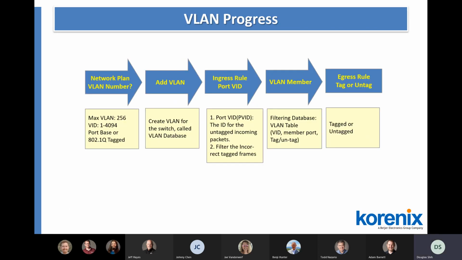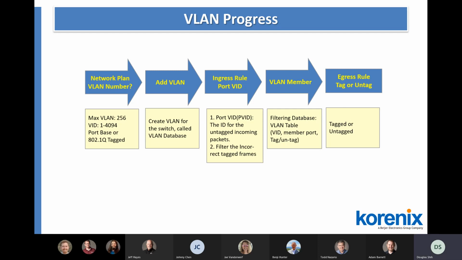And here's the VLAN policy. From the beginning, if we want to use a VLAN, we need to plan the network regarding the number of VLANs. The maximum number of VLANs supported in our equipment is usually 256.